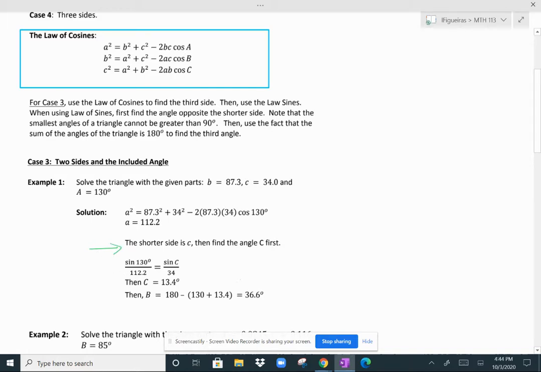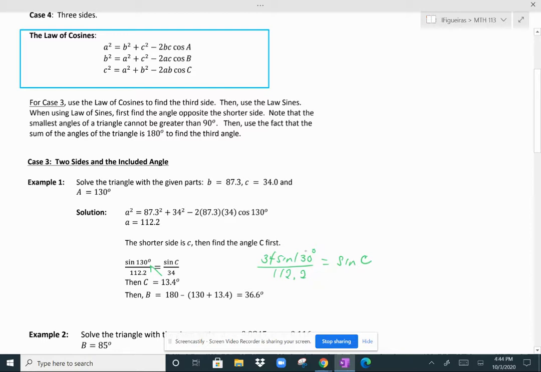The smaller angle will be opposite the shorter side, so we're going to look for angle C. We have sine of 130 degrees over 112.2 equals the sine of C over 34. When you cross multiply, the 34 ends up on the right, so you end up with this equation: 34 sine of 130 degrees over 112.2 equals sine of C.